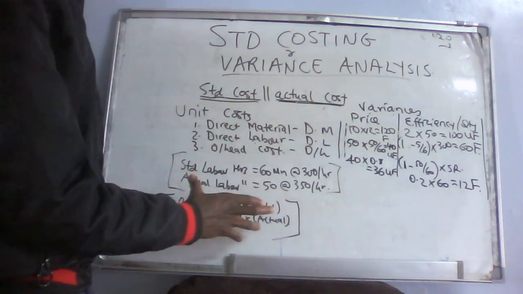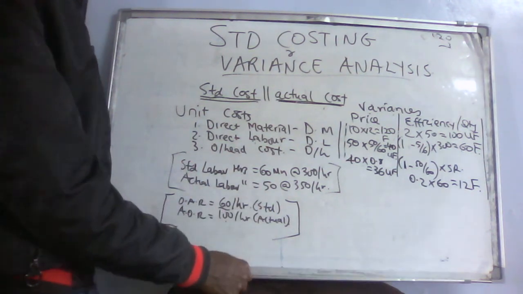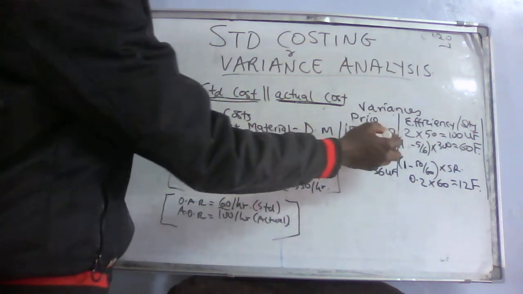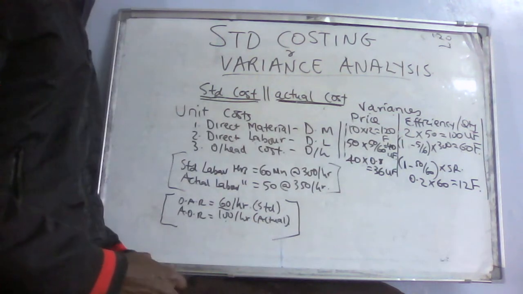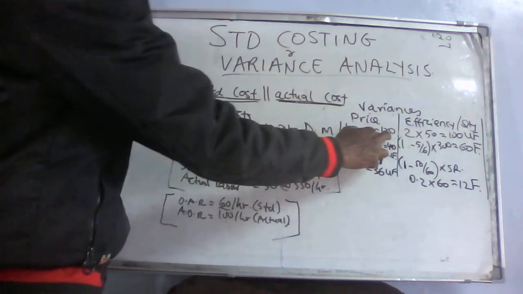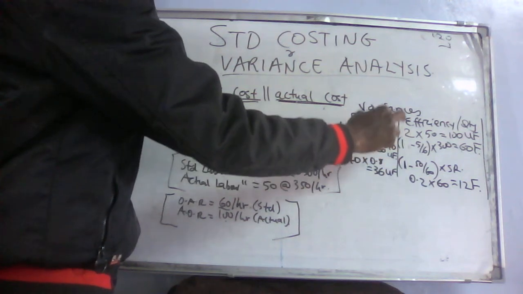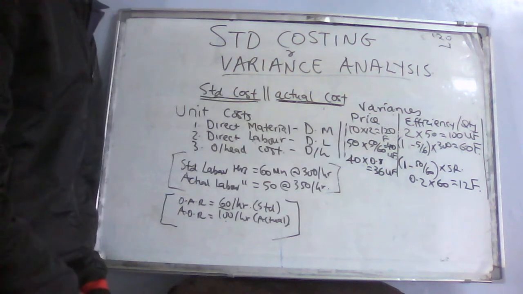But this is not an end in itself, like I was saying. After you come up with these variances, you want to know, why did we get 120 units? Why was our direct material price variance favorable by a whopping 120 units?